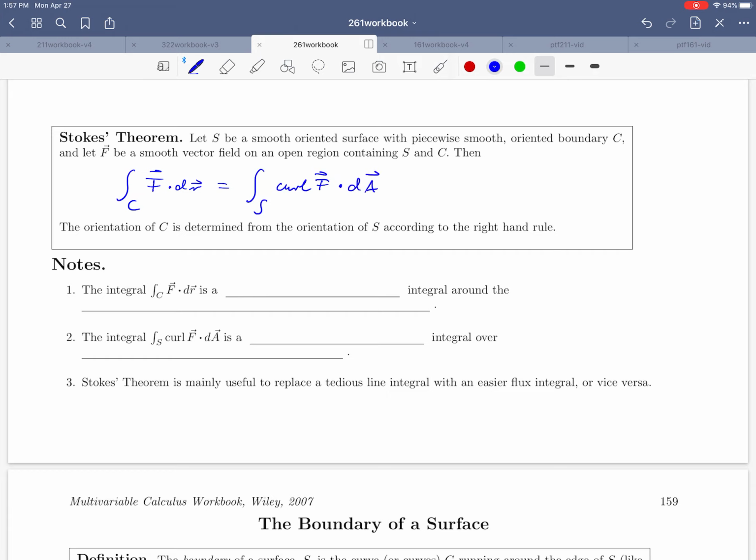That is the statement of Stokes theorem, the highlight of the end of the course.